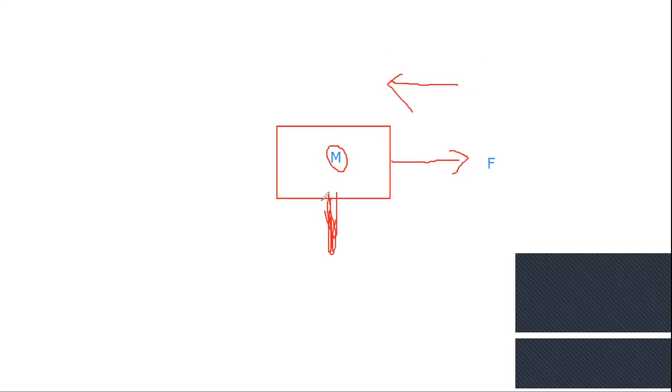Next element: we said that there is some friction here. At this place we have some friction, and this friction also opposes the force you are applying. What is that friction? That is represented with your damping factor B. Here the displacement is x, and the opposition given by the mass is m d square x by dt square, and it is providing some friction.